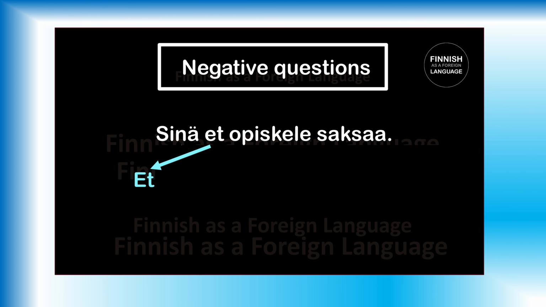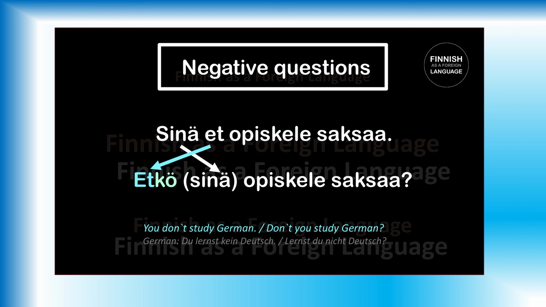The negative verb goes to the first position. Here, the negative verb is et, so this one you put to the first position. Then we add a question marker kö to it, and we get etkö. Why do we add kö and not ko? This is because of the vowel harmony. So for now we have etkö. And then we just carry on with the rest of the sentence.